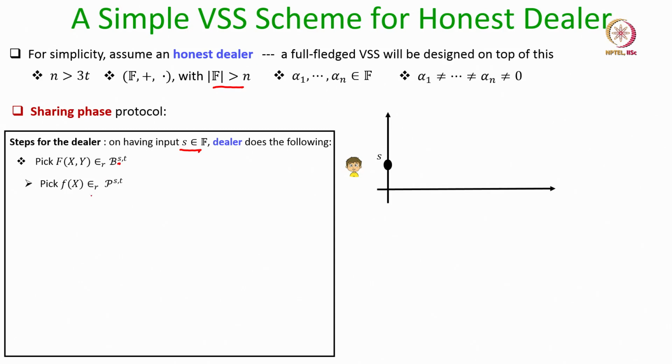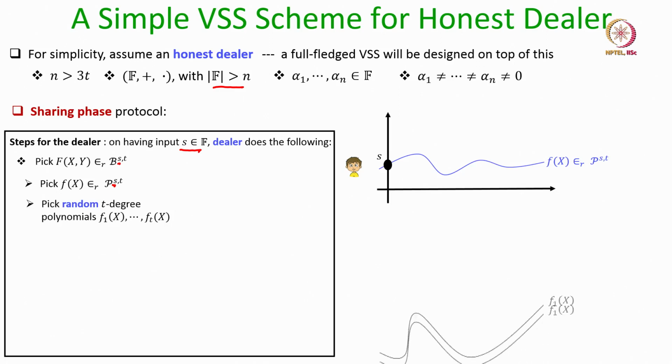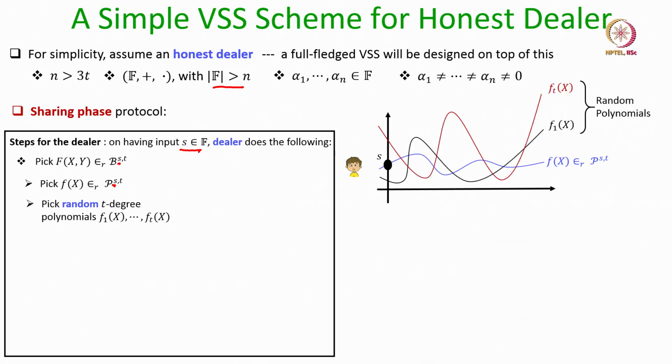It can first pick a random t degree univariate polynomial in x whose constant term is S, the secret which it wants to secret share, as it would have done in Shamir's secret sharing scheme. And then it picks t more random t degree univariate x polynomials.